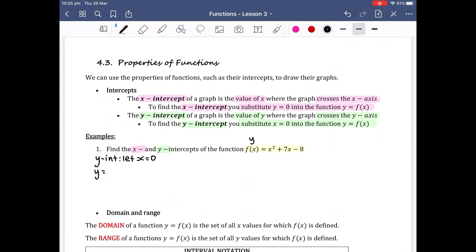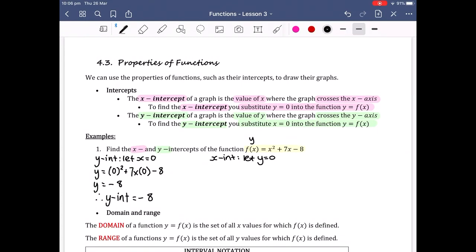So when we let x equal 0, f(x) is actually our y, so we have y equals 0 squared plus 7 times 0 minus 8, leaving us with y equals negative 8. Therefore, our y-intercept will equal negative 8.